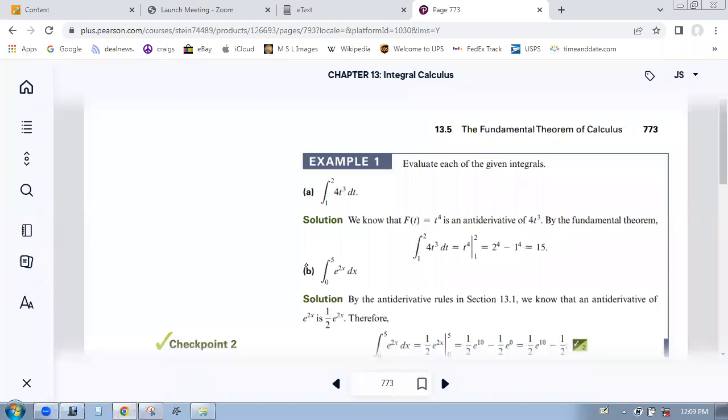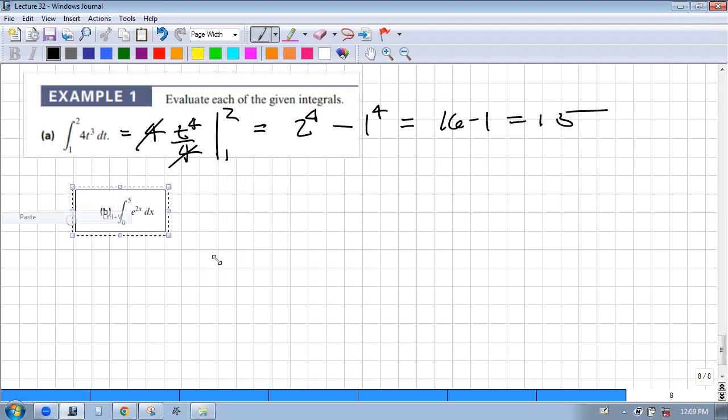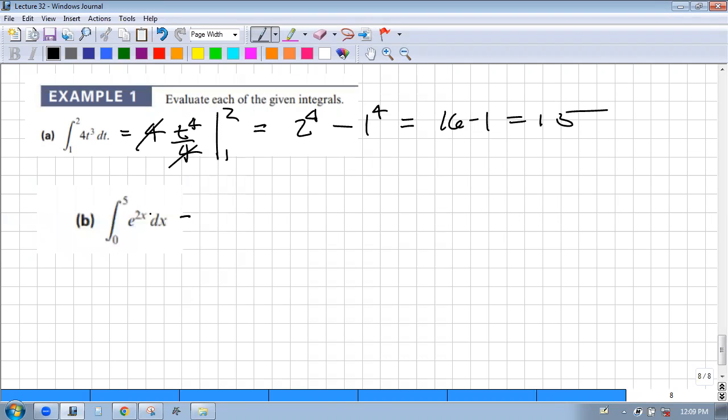That's A. Let's look at B here. All right, so the integral of e to the 2x would be e to the 2x over 2, right? If you took the derivative of this, you would get that. We need to evaluate it from 0 to 5. So here's a trick. This over 2 here, I'm just going to pull that out.